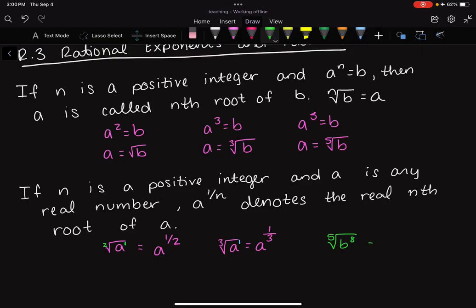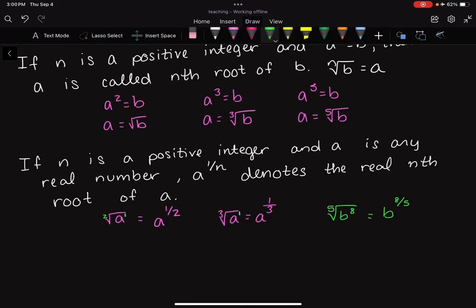So for this one, your 8 would be in the numerator, and your 5 would be in the denominator. So the 5th root of b to the 8th power is the same as b to the power of 8 over 5. We can do this really with any numbers; we're really only working with positive integers in the actual spots, but then we can write them as a rational exponent. Hopefully that made sense.